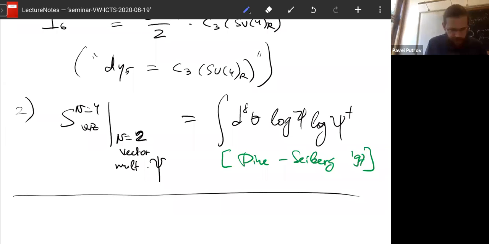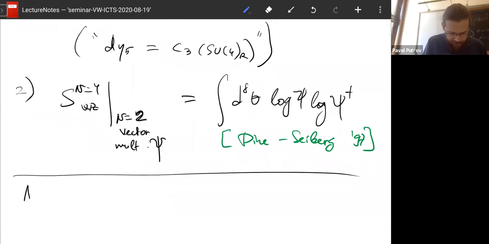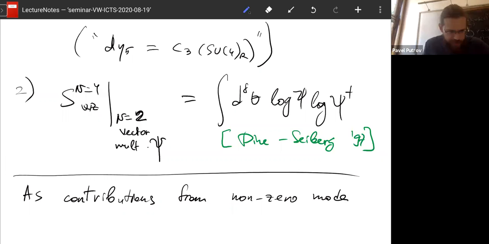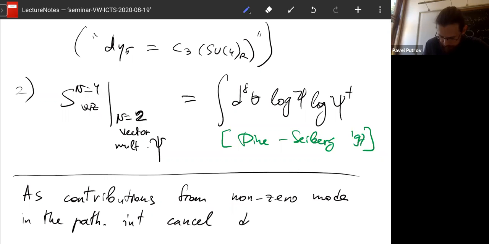Okay, so now we are ready to essentially do the calculation, and I will be very brief and skip all technical details. But the moral is the following: as usual, one can use the fact that the contributions from non-zero modes in the path integral cancel due to supersymmetry.